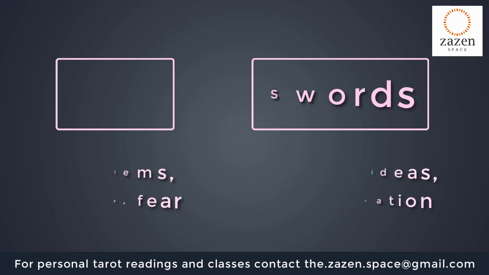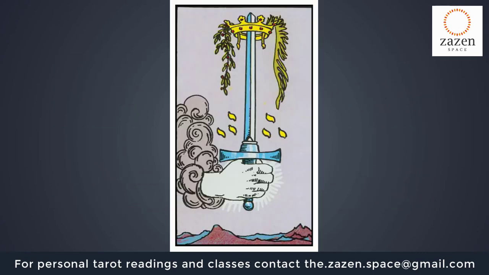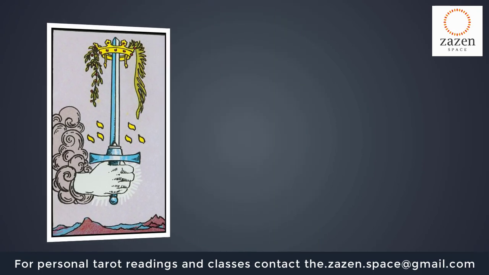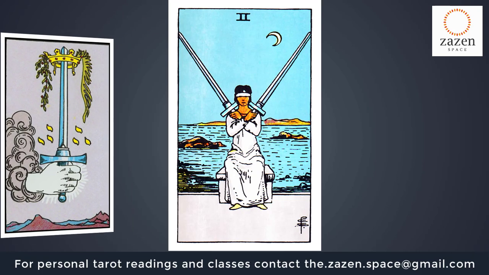Friends, we had seen in the Ace of Swords, we were offered a new thought, maybe a victory, maybe some new form of communication, new ideas, basically new potential, new growth in the area of thoughts, ideas, communication. But in the Two of Swords, from the positivity of the Ace of Swords, we moved on to negativity and we saw a closed-heartedness, a kind of coldness.